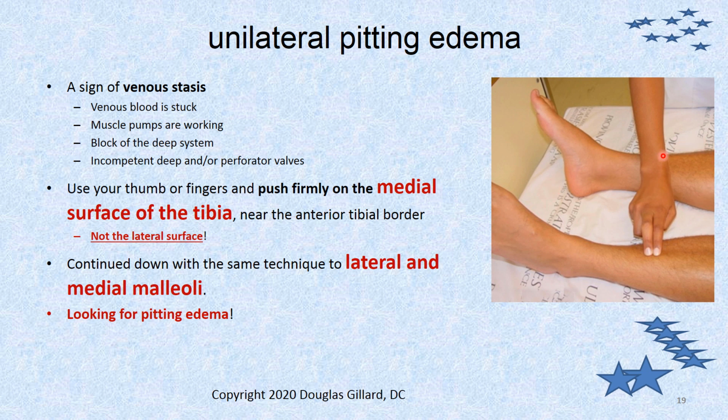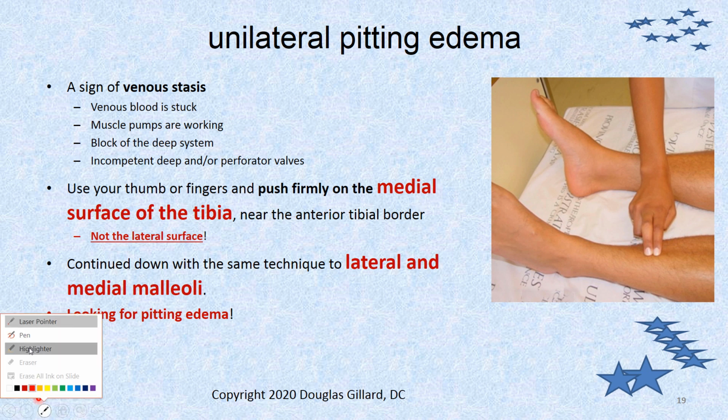Pitting edema. So this is how you check for that. You push. Remember the tibia is shaped kind of like a triangle, and it's got that sharp point there, that anterior border, and then there's the medial surface. I guess I should draw this.